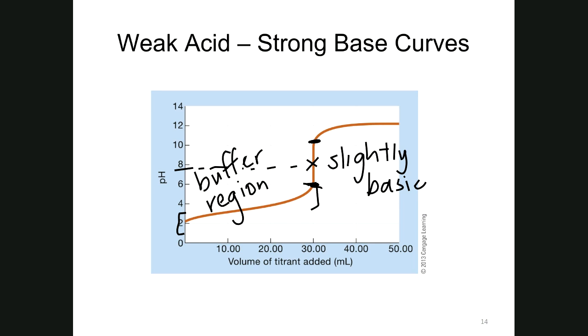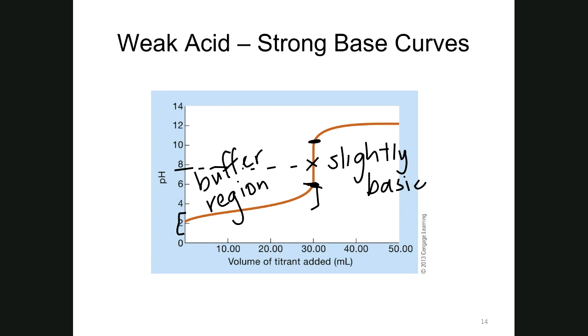Again, this is because at the equivalence point, we have equal moles of acid and base. So that means that those don't exist. They completely neutralize each other. So all that we have left is water and the conjugate base. And the conjugate base is going to be slightly basic because it's the conjugate of a weak acid. So our equivalence point is slightly basic there.